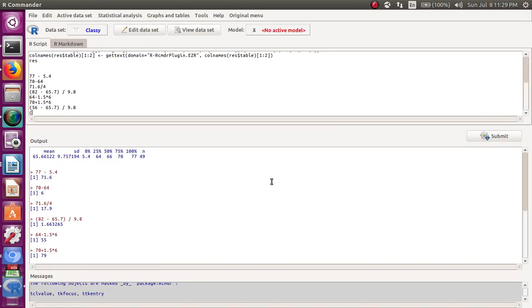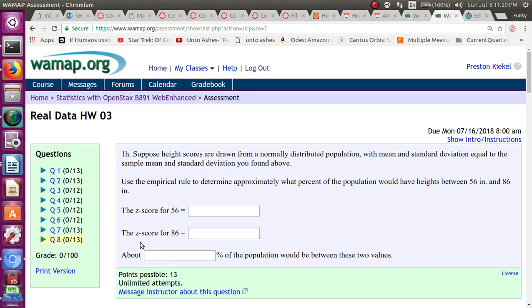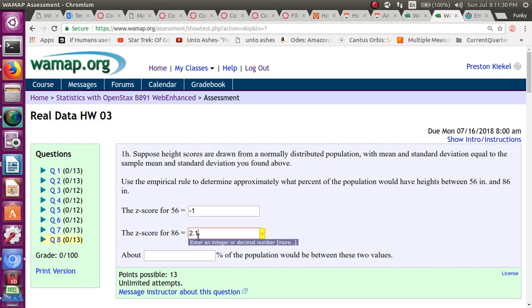And for 86, we say 86 minus 65.7 divided by the standard deviation of 9.8. And get these two z-scores. Boom and boom. So negative 0.989, which to one decimal place would be negative 1, and positive 2.1, which is pretty close to 2.